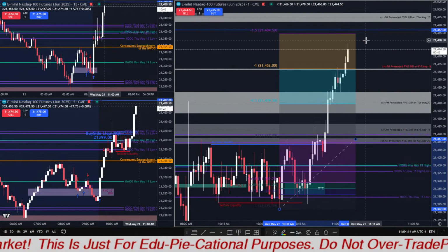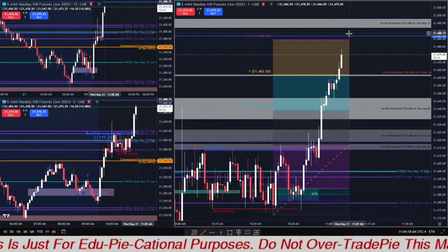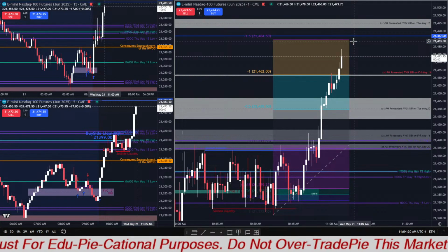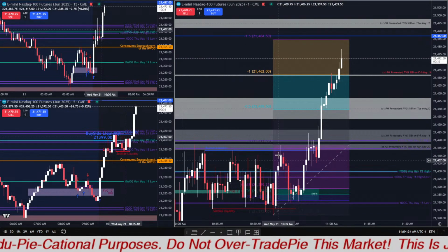And now there we go, we are going towards the buy side liquidity as well as the 1.5 projection level from this dealing range.